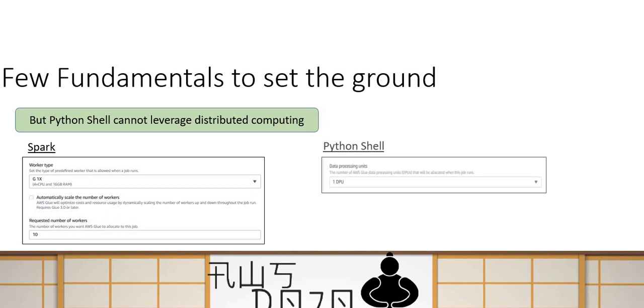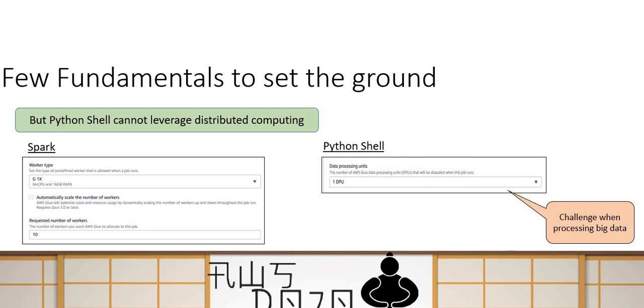But if you try to create a Python shell job, you cannot select the number of workers. All you select is a data processing unit or capacity which you want to use to process the data. That means your Python shell is not using parallel computing. It's not using distributed computing. It is running under a single thread. And that is a challenge, because if your data is not processed in parallel, and it is processed using a single execution point, then you will have challenges in processing a large amount of data.